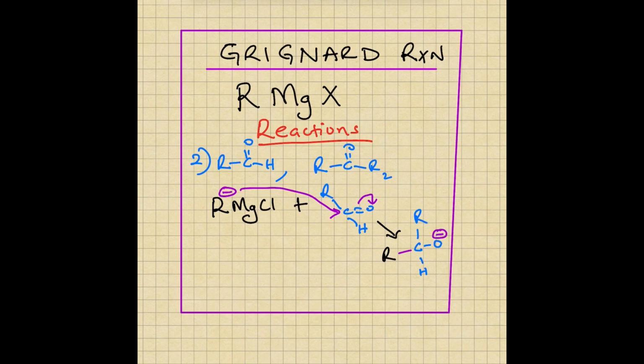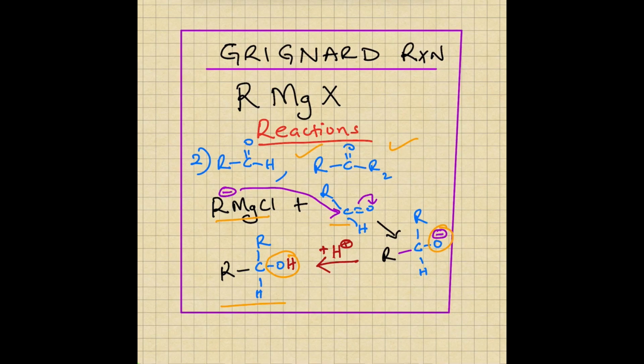And then the last step in this reaction mechanism is quenching by adding either water or an acidic environment, so you end up adding a proton, and that becomes an alcohol. So you end up forming an OH from the O-. Therefore, we'll say that Grignard reagents react with aldehydes or ketones to give alcohols.